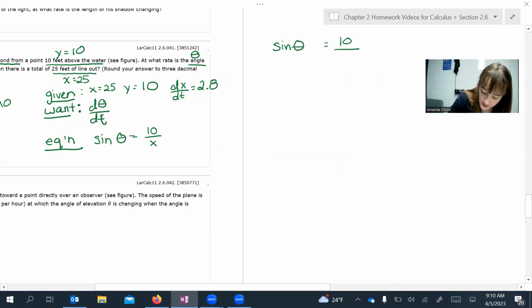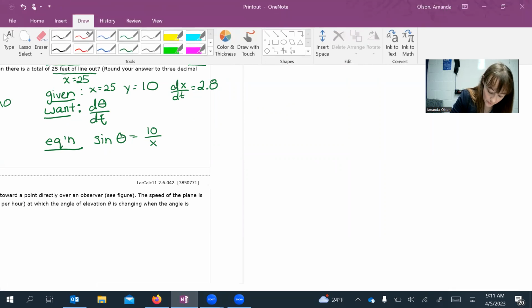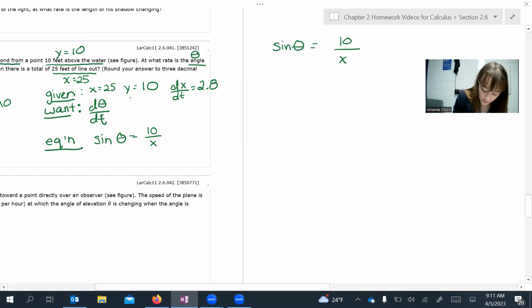So remember, x is changing with respect to time, so we want to think of x as a function of time. Because we're looking for d theta dt, I'm going to differentiate both sides with respect to t. So theta is a function of t, x is a function of t.